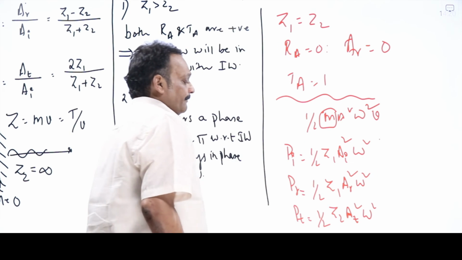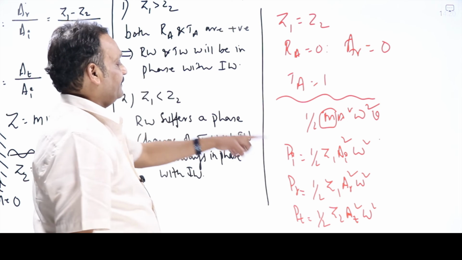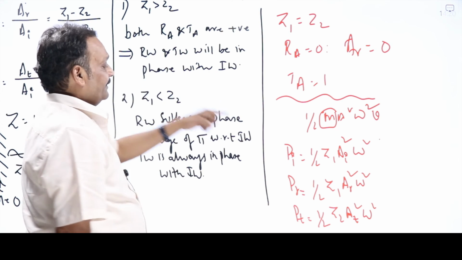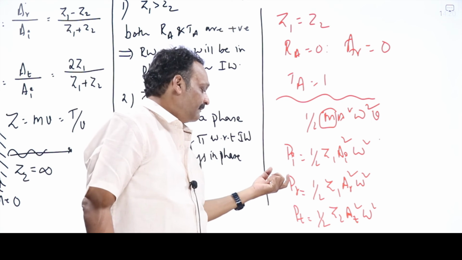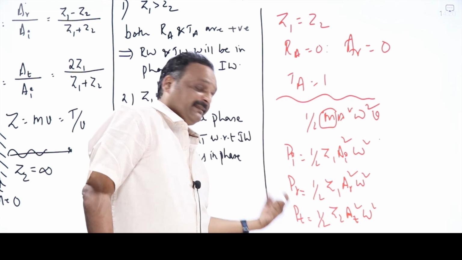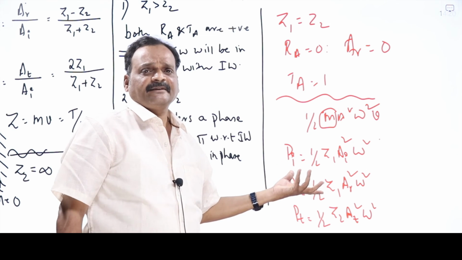Omega square is common. Substitute the AR and AT values, convert them in terms of AI, and you will find that PR plus PT equal to PI. That means power reflected plus power transmitted is always equal to the power incident.